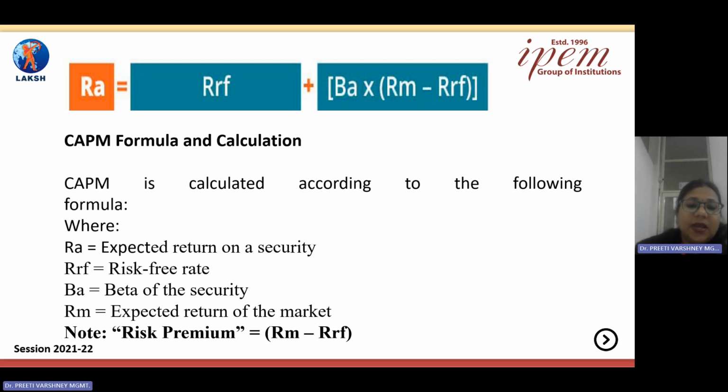The next point is the CAPM and the efficient frontier.